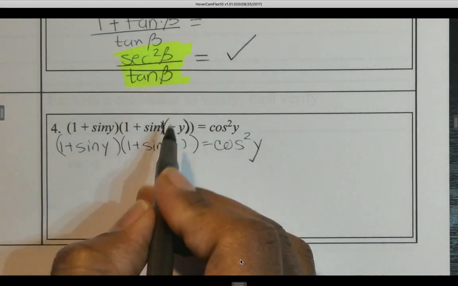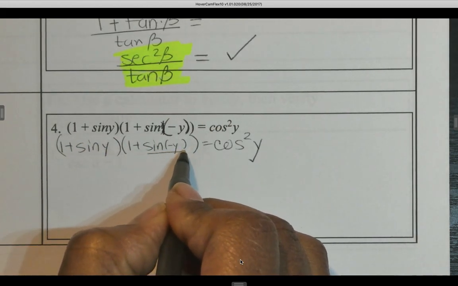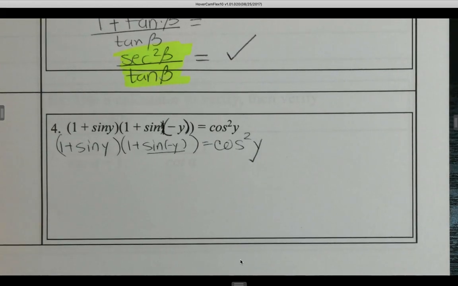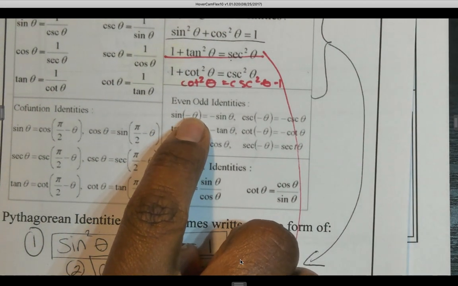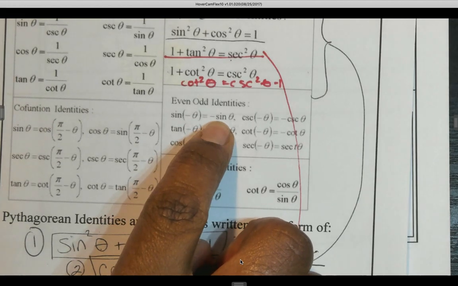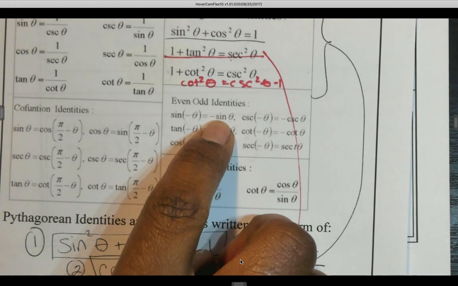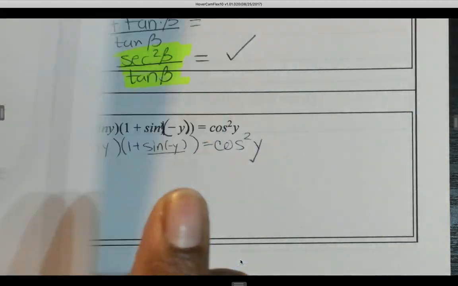And I have one piece that I can quickly change. I have sine of a negative angle. We're going to use the even and odd identities to change that. And then we'll do a little algebra. So I have sine of a negative angle, and that equals negative sine. So instead of having that angle be negative, I'm just going to write it as negative sine of the angle.